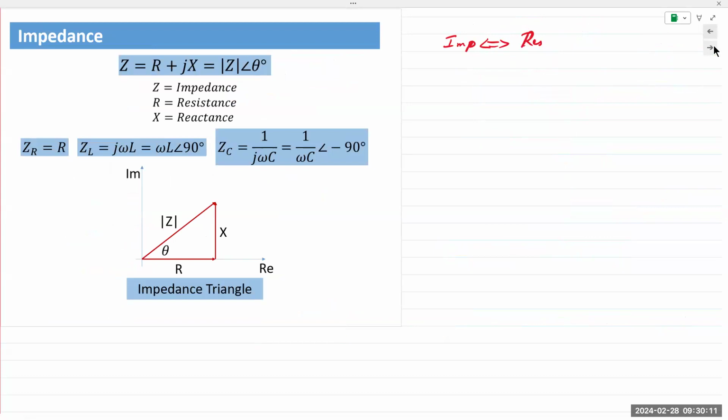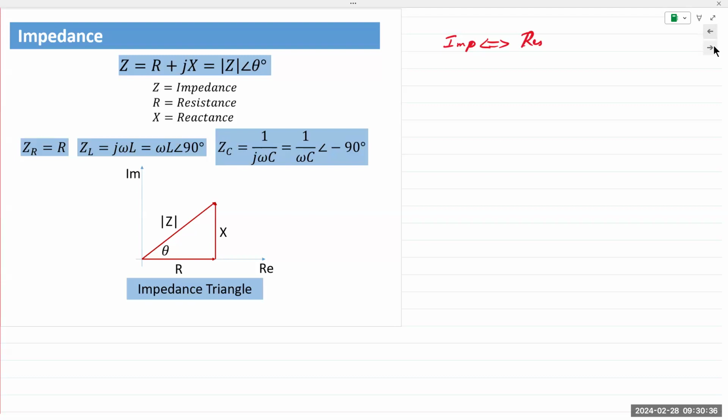Impedance comes from impede. You're impeding or opposing the rate of change of current or the change of voltage in the circuit. So they are all kind of synonyms of each other, but the technical description is that the impedance is a vector quantity. It comprises a resistance and a reactance.